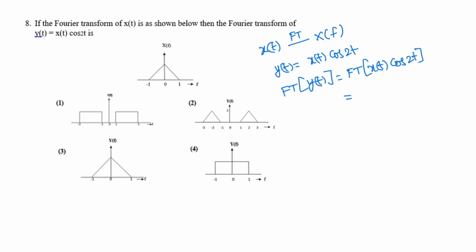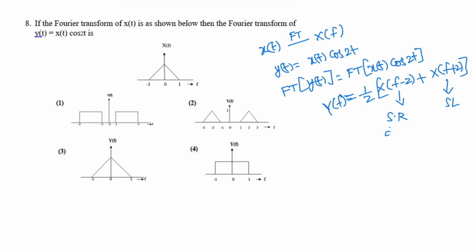is given as 1/2 [X(f minus 2) plus X(f plus 2)]. So this is the Fourier transform of small y(t), that is capital Y(f) in the frequency domain. Now this is the signal given. So this signal has to be shifted right by 2 units, and this is shifted left by 2 units.